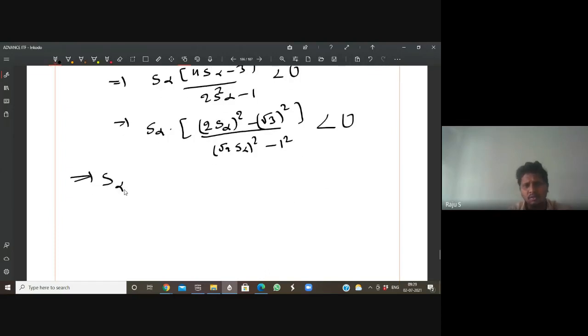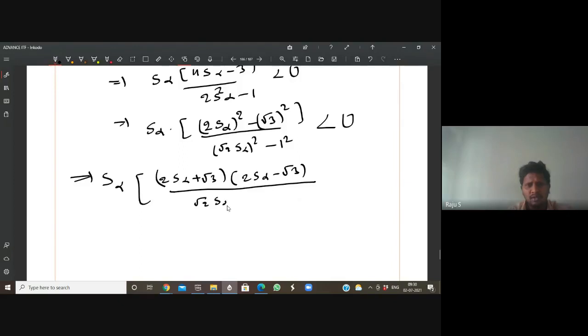Now sine alpha into a square minus b square: 2 sine alpha plus root 3, 2 sine alpha minus root 3, all divided by root 2 sine alpha plus 1, root 2 sine alpha minus 1, is lesser than 0.